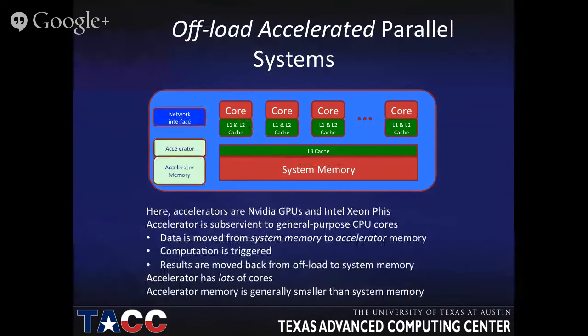Okay, an additional form of parallelism is so-called accelerated systems or offload systems. Offload systems are systems where we've put a specialized accelerator in each one of those nodes, right? And the standard accelerator that everybody's familiar with is the graphics card. Your laptop may not actually have an explicit graphics card, but it has a piece of silicon in it that is dedicated to the job of doing graphics. Turns out that same silicon can be used for doing computation.